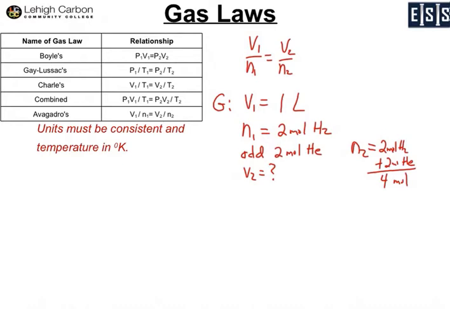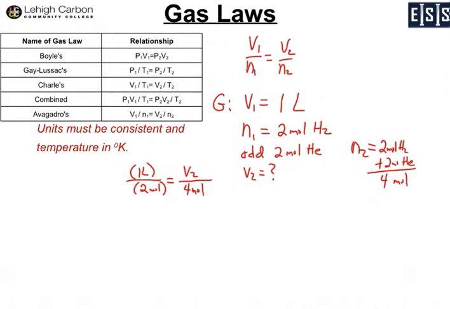So when we go to solve this, move over here to the left, your V1 is 1 liter over your initial number of moles, which is 2 moles, and those are hydrogen. Your unknown is your resultant volume, and now your final volume here is for 4 moles of a mixture of helium and hydrogen.